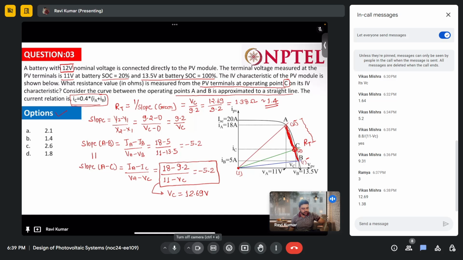Then the answer will be B. B is the correct answer here. So we have calculated the resistance at the RT condition.